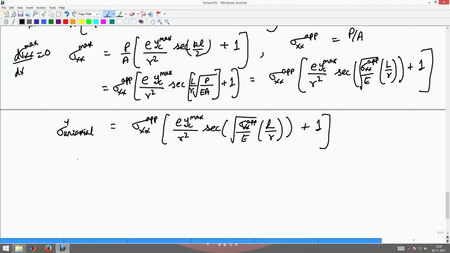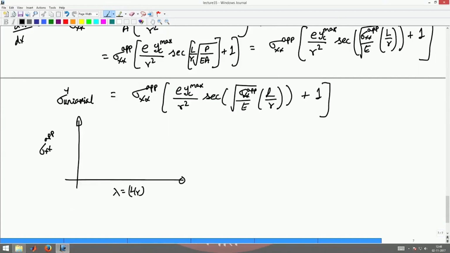Now, I am interested in plotting sigma xx apparent versus the slenderness ratio lambda, L by r. Now, you find that this secant term will tend to infinity as sigma apparent tends to sigma critical, the Euler buckling load.